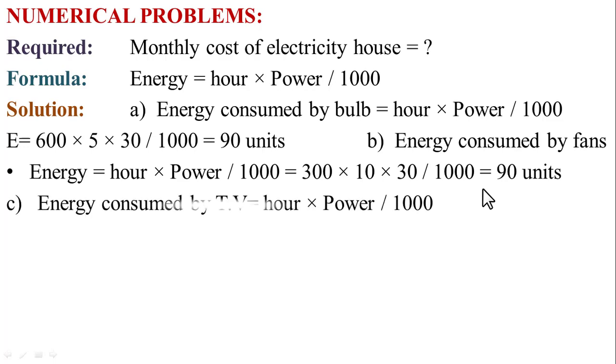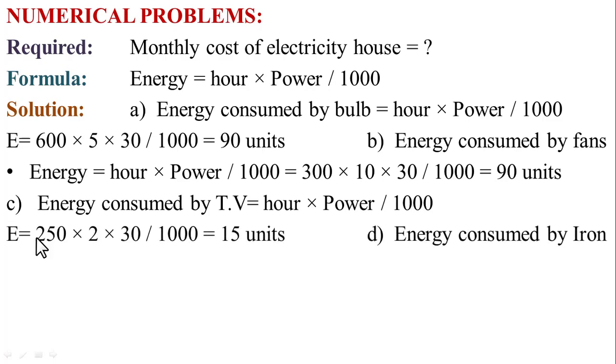Similarly, energy consumed by TV is equal to hours multiplied by power divided by 1000. So energy E is equal to 250 multiplied by 2 hours multiplied by 30 days divided by 1000. So energy E is equal to 15 units.